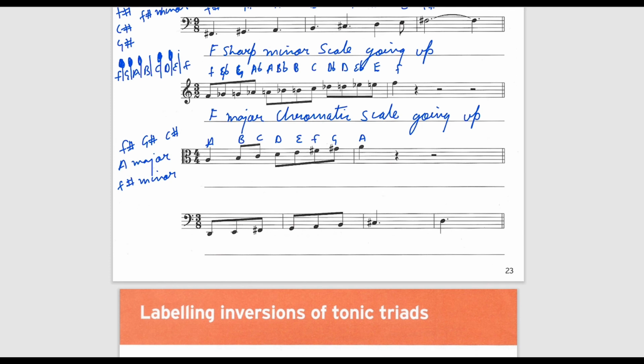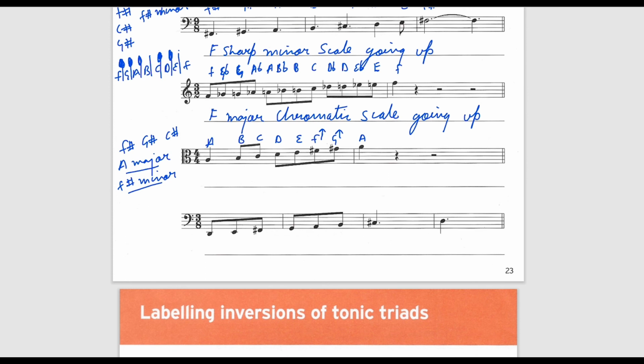So if you remember, imagine these two are flat, and they are raised by a semitone, that's why they become sharps. Why did I go there? Because there is no C accidental here. If it is A major or F sharp minor, there should be some clue that the C became sharp, but there is no clue over there.